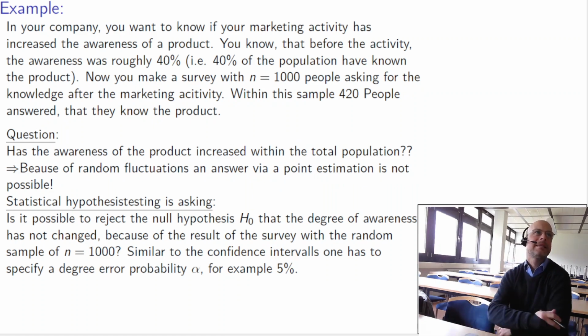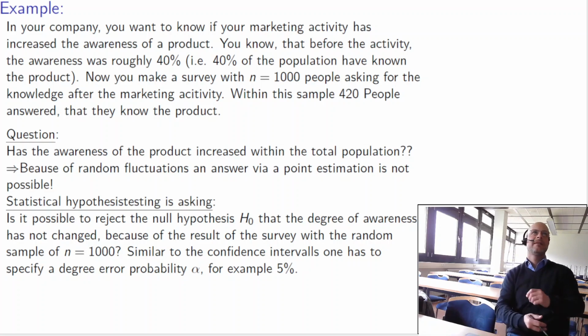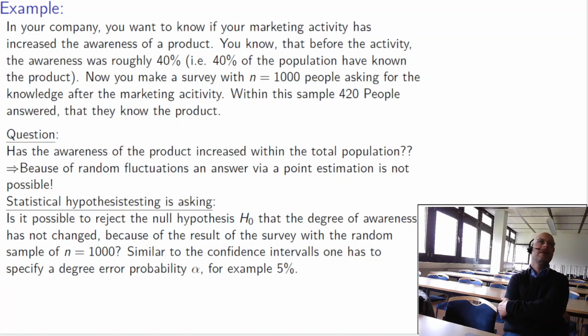So, but let's take an example to make it more practical. In your company, you want to know if your marketing activity has increased the awareness of a product. You know that in general, before you made your marketing activity, the awareness of your product was roughly 40%.